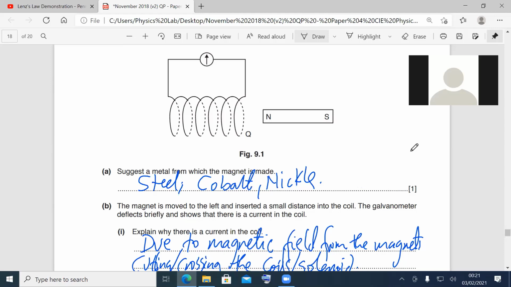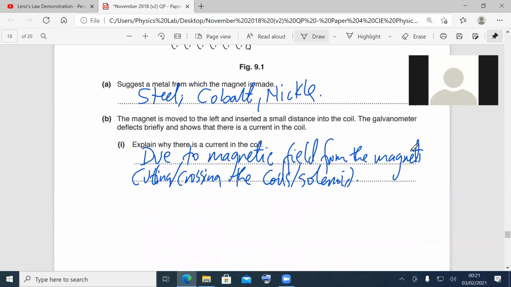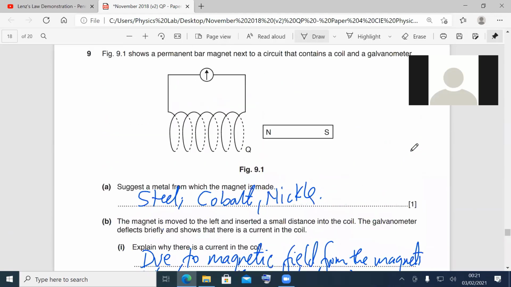Change the current. How to change the current? There's no source of current here. What can you say about this coil? How about moving the coil itself? Yes, in this experiment, you're moving the magnet.